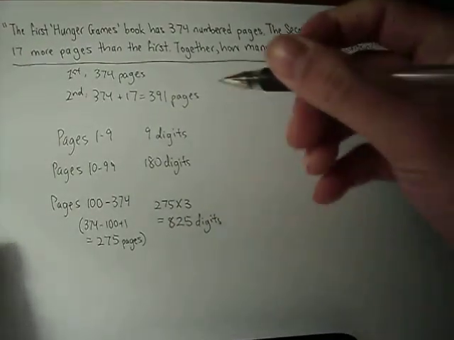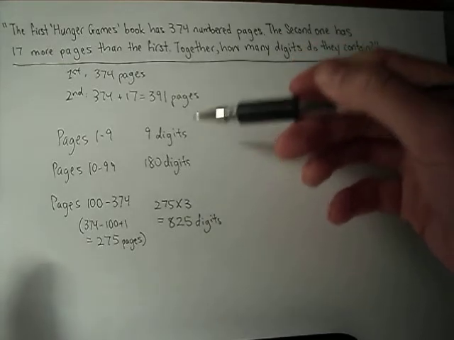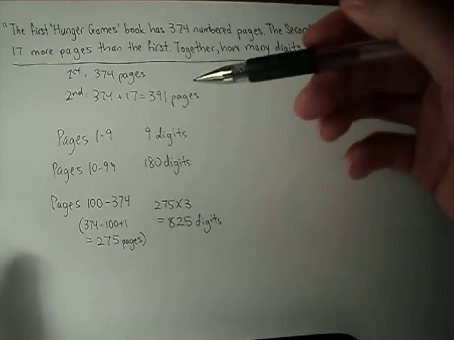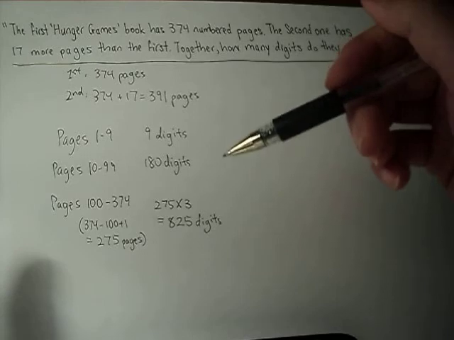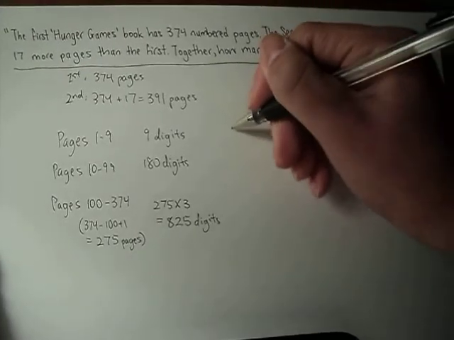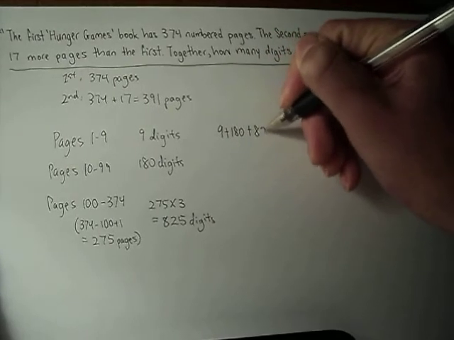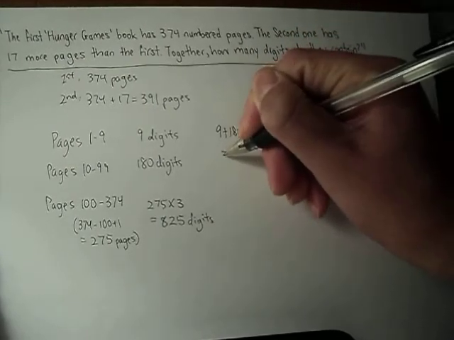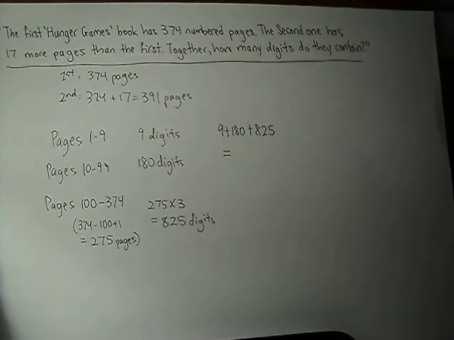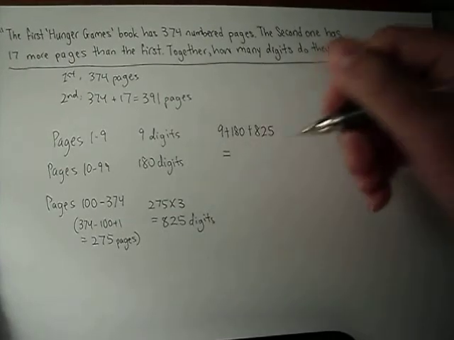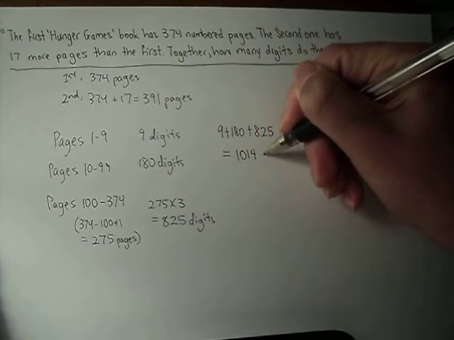So now that we have the digits for the 1-digit page numbers, the 2-digit page numbers, and the 3-digit page numbers, we can go ahead and add all of these together. And this would give us a grand total of 1,014 digits.